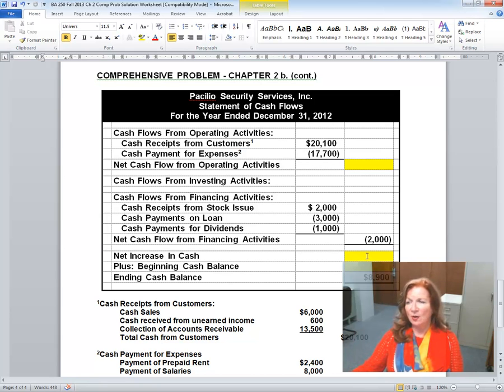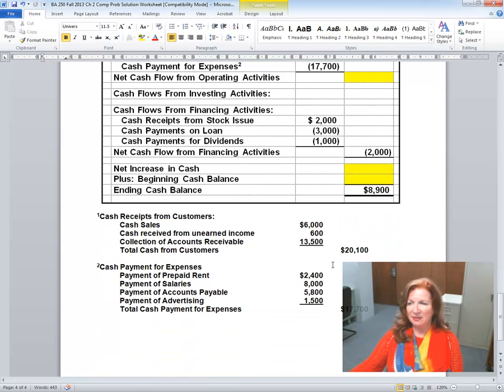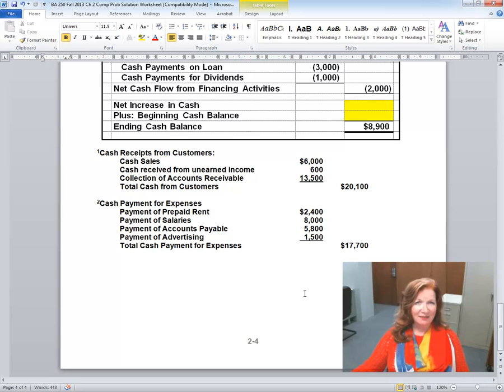So then you have to determine the net increase in cash, and the beginning balance of cash, to get the ending balance. So I want you to put those into your Word document cells. The proofs for those numbers I left down here so you could see how they were getting those individual amounts in the operating activities.